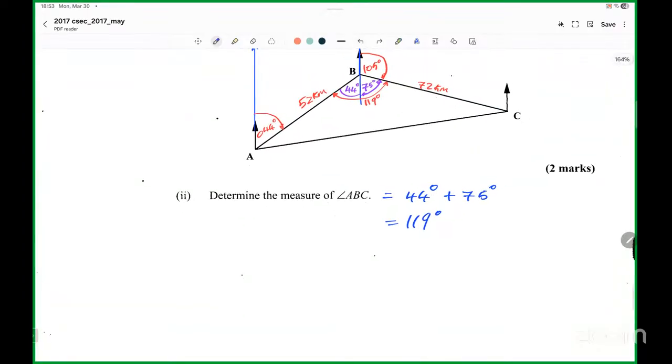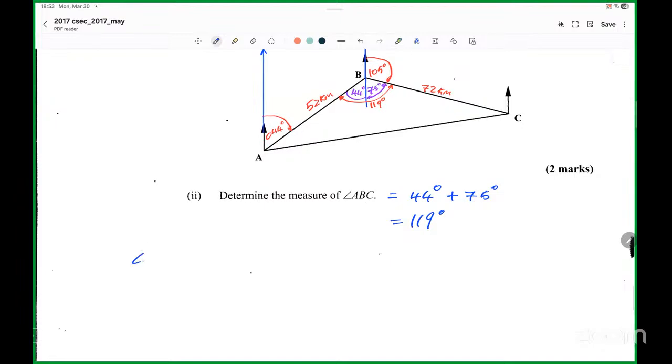Let's just do it on the screen right here and we'll copy it down. Cosine rule for AC. We start by saying AC squared equals this side squared plus this side squared: 52 squared plus 72 squared, minus twice the product of the two sides, 2 times 52 times 72, times the cosine of the angle between them, which is the 119 degrees.